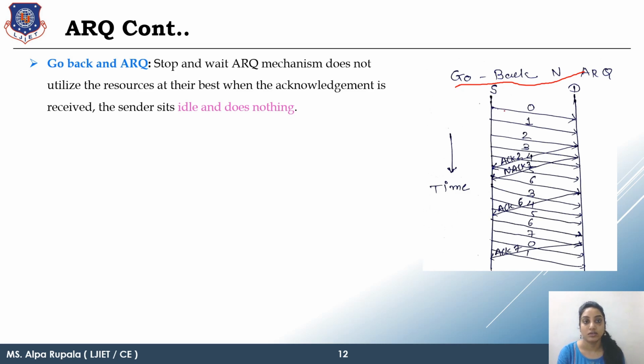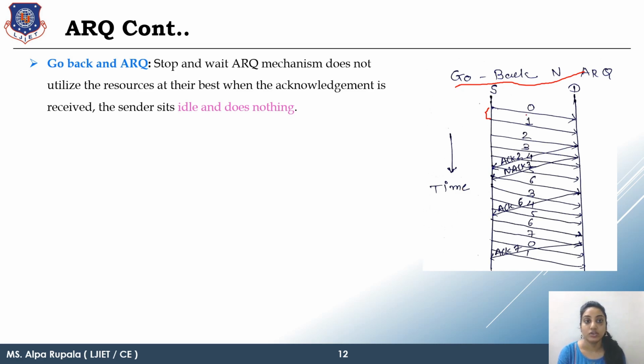Whether you get the acknowledgement or not, after some predefined time the sender will send the next PDU. I am writing only the PDU sequence numbers, not PDU 0 or PDU 1. So the first PDU, 0, is sent, then 1, 2, 3, 4, 5, 6, continuously.